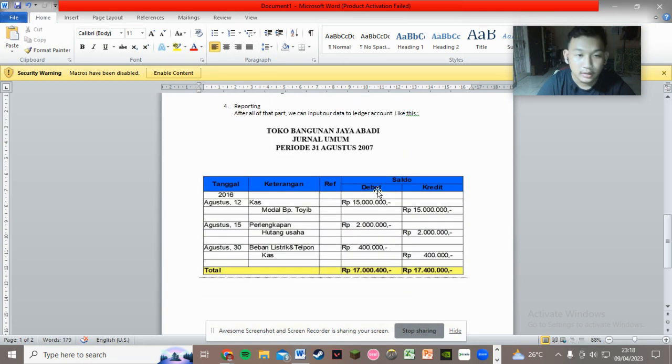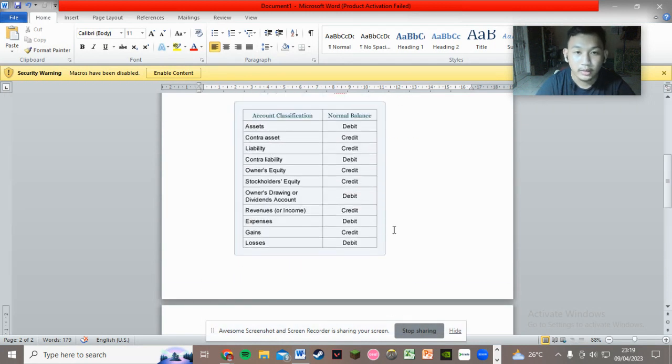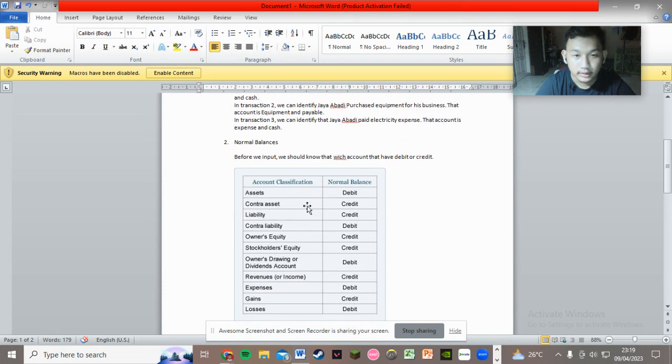Okay. The second one is August 15. The accounts are equipment and payable. We can look at this: Jaya Abadi purchased 2 million on credit. We look at the normal balance.